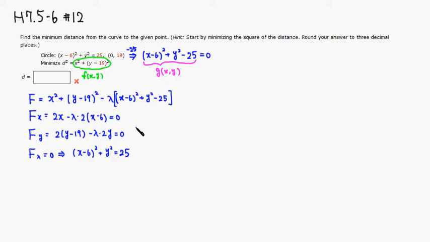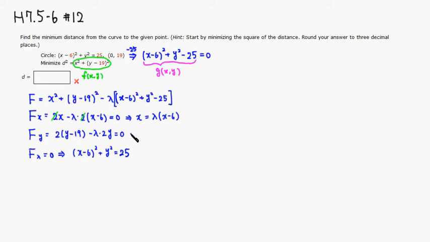Alright, so from here, the first thing I would do is divide through by 2, so I'm going to just cancel those out. Then I'm going to move this guy over to the other side so you can see that x is the same thing as lambda times x minus 6.